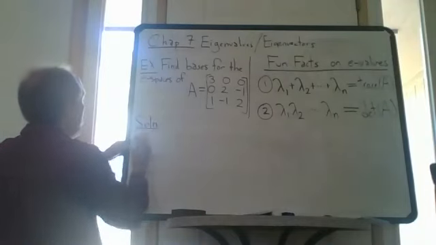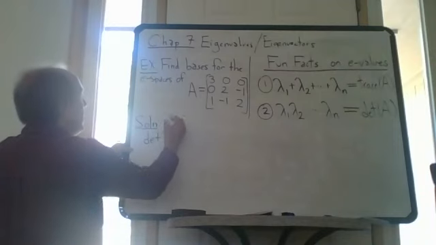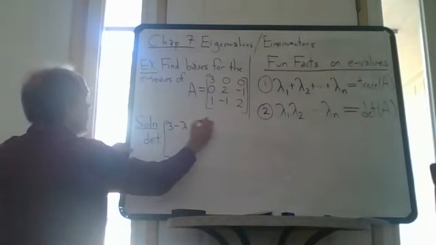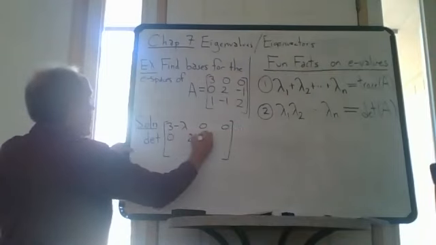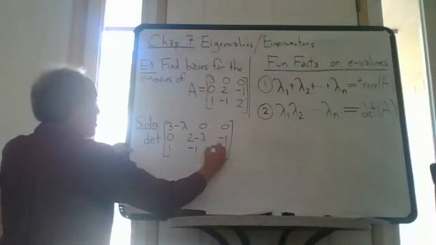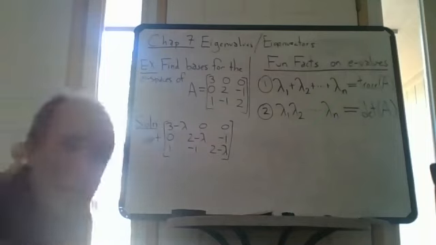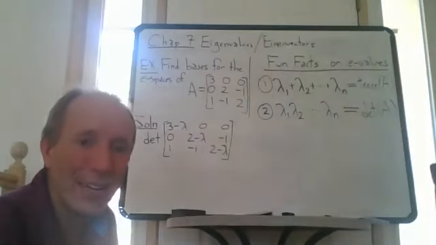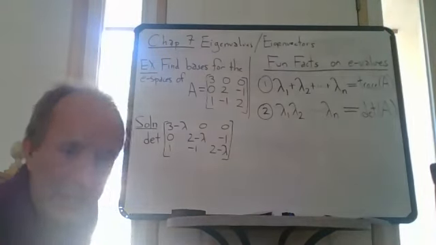So for the solution, I'm going to look at the determinant of the matrix that I get by subtracting lambda off of the main diagonal. So when I subtract lambda off of the main diagonal, this is the matrix that I'll get. So I'm just subtracting lambda from the main diagonal of the matrix A. And now I have to find this determinant.